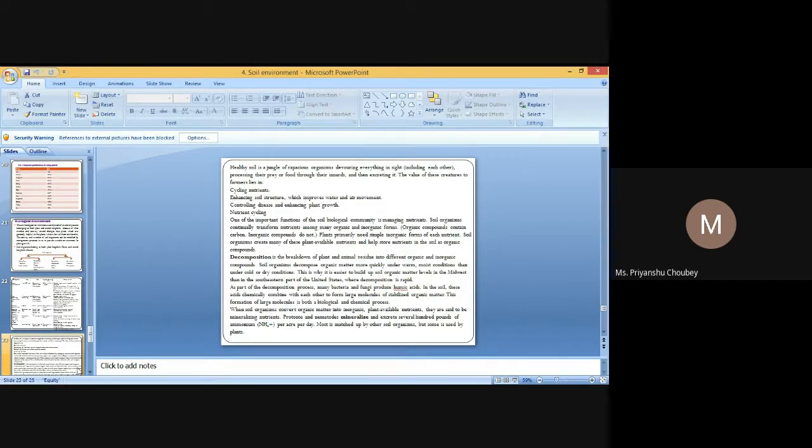Healthy soil is judged by the organisms living in it, devouring everything in sight, including each other, processing plant or animal food residues.